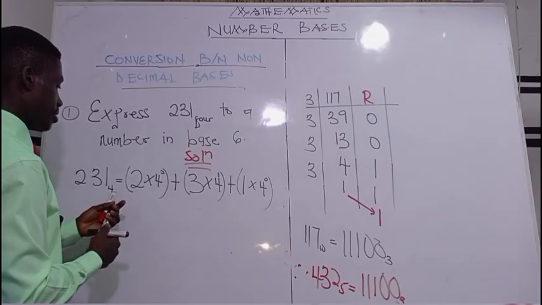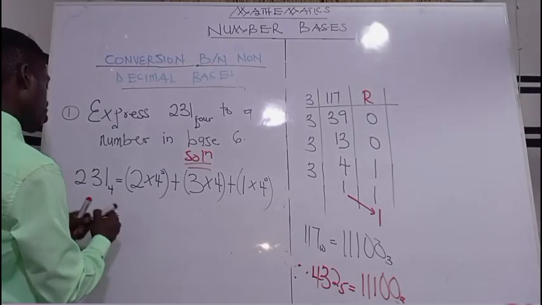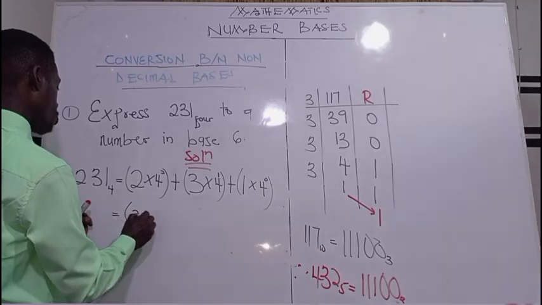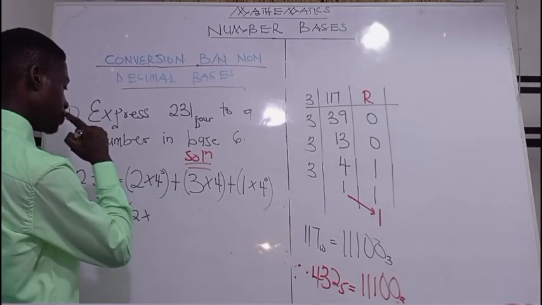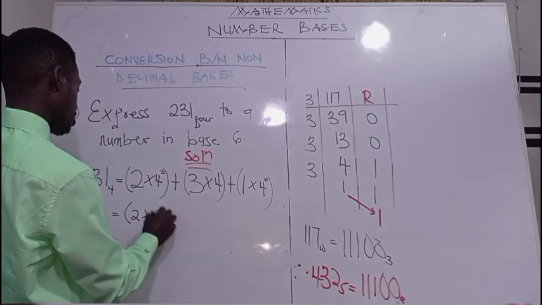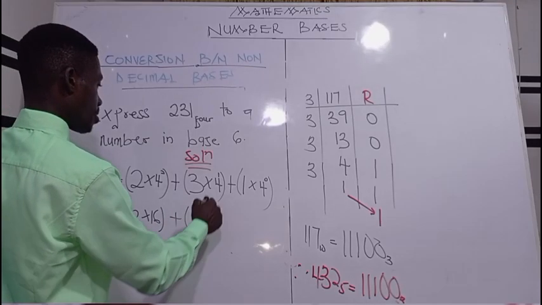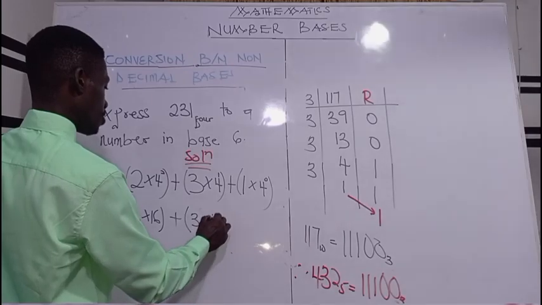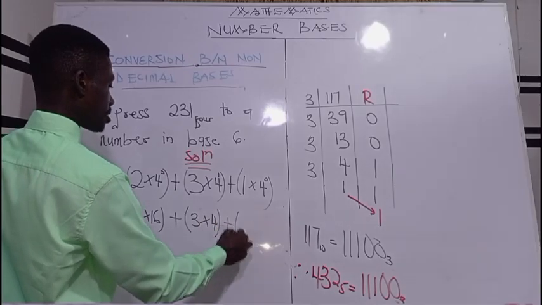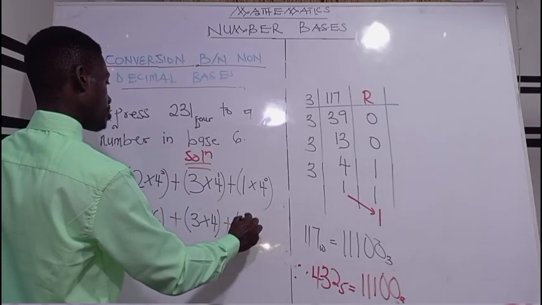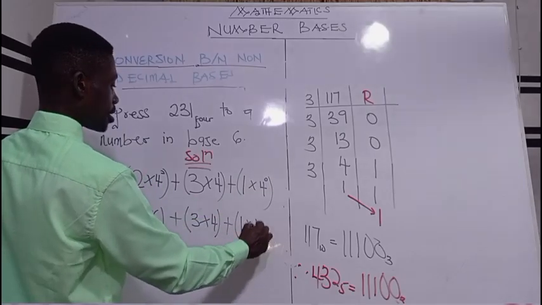So the rest is simplification. So we are going to get 2 times 4 raised to the power 2, which will give us 16, plus 3 times 4 power 1, which will give us 4, plus 1 times any number raised to the power 0, which is 1.